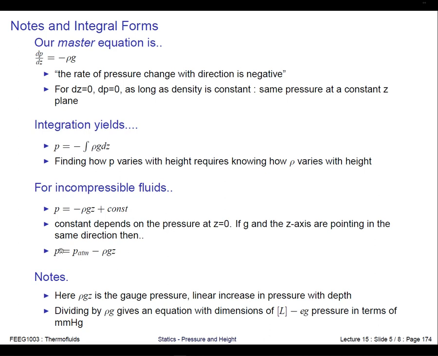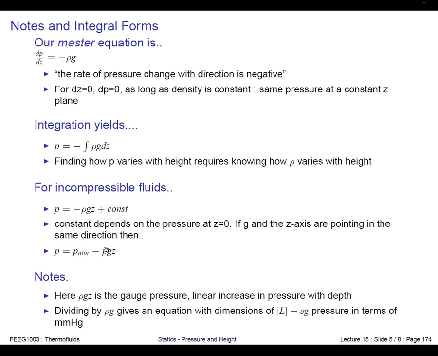If we think back to our example for working out the pressure change in the atmosphere, P of z, the pressure at some height z, is going to be equal to atmospheric pressure, which is the pressure at z equals 0, minus this pressure due to the height.